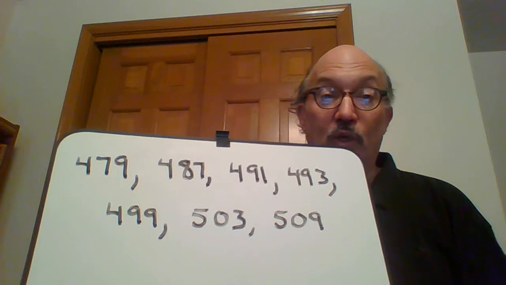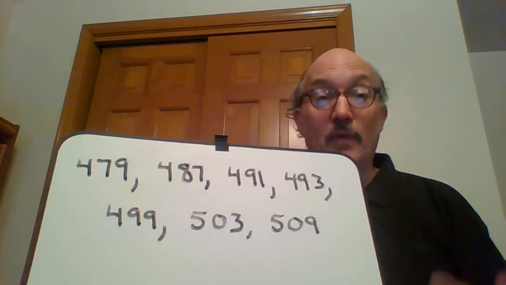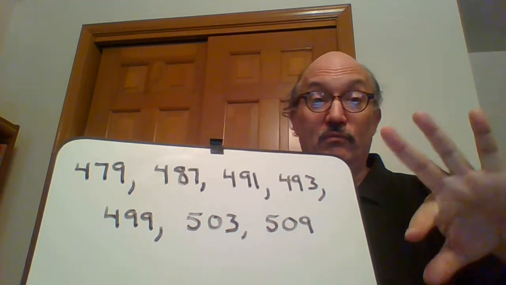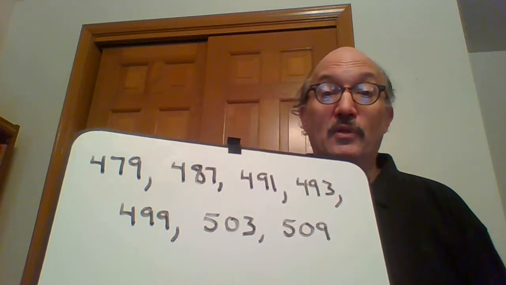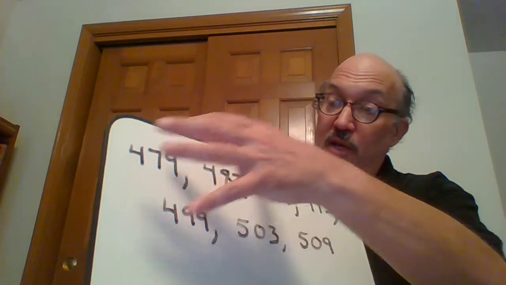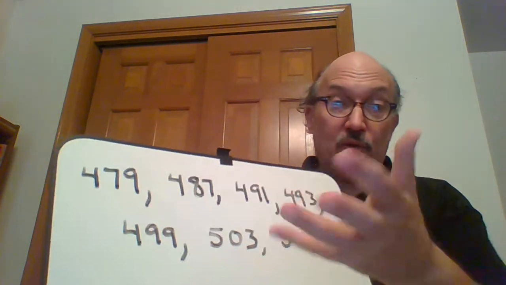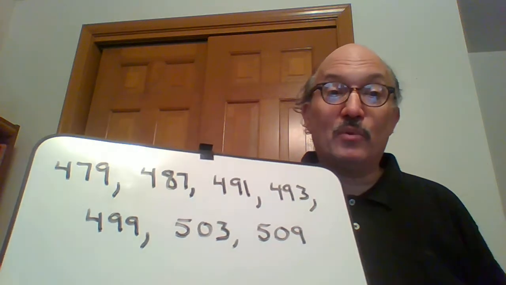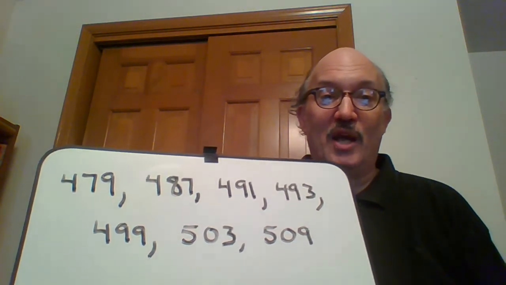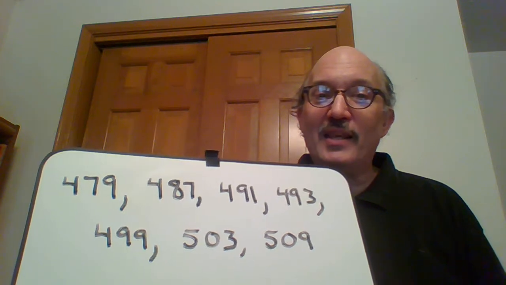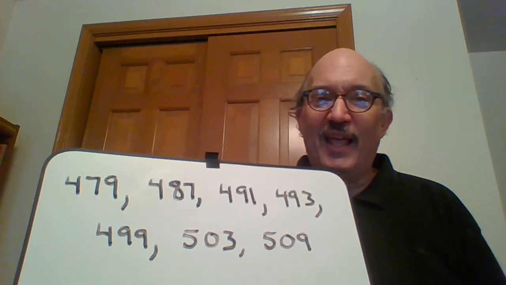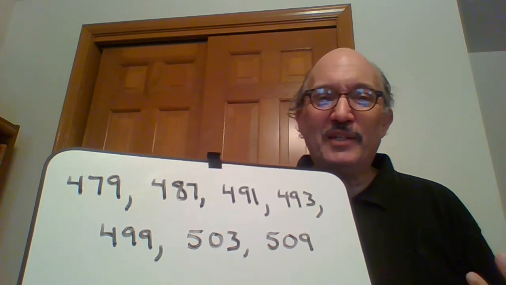And the question is, which one is not prime? Well, if you do what I suggested in Google, first 100 primes, and you go down the list a bit and get into this area, you'll see that one of these numbers is not on the list because it's not prime. But if you didn't look it up like that, it would be an extremely difficult question. And here's why.